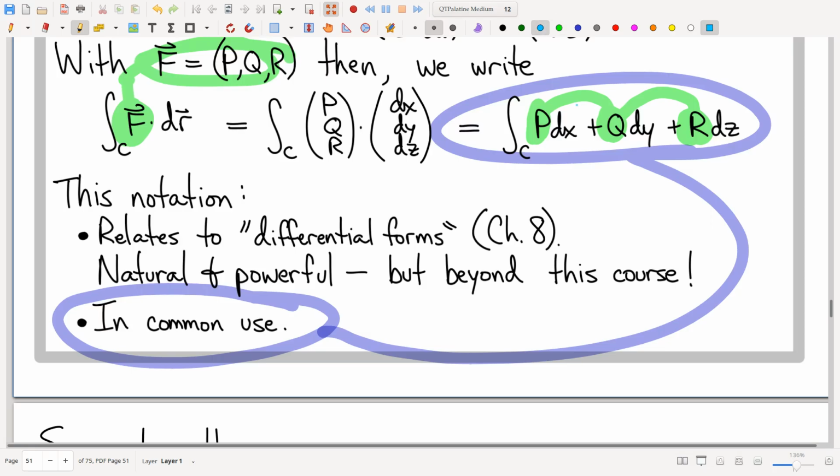And the dx and the dy and the dz, that's just a notational alternative for dr, in other words, indicating to me that this is a vector line integral. So I would encourage you to, anytime you see one of these, interpret it correspondingly like this. How we doing? Is that all right? I really wish we had time to talk about how great this notation is, what you can do with this, and it's a lot, and just not appropriate for this course.